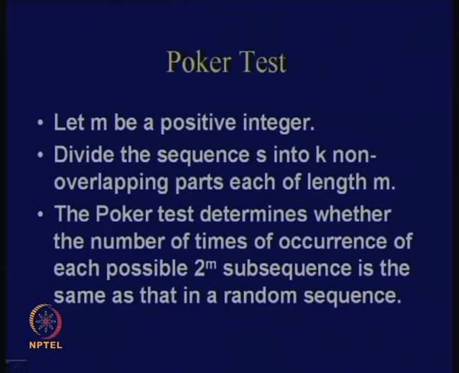That way you see whether you can distinguish the sequence from a random sequence. Therefore the poker test determines whether the number of occurrences of each possible 2^m subsequence is the same as in a random sequence. This is a simple extension of the previous tests.